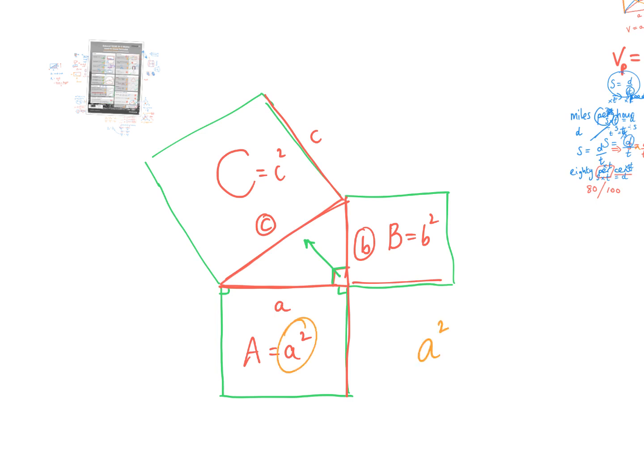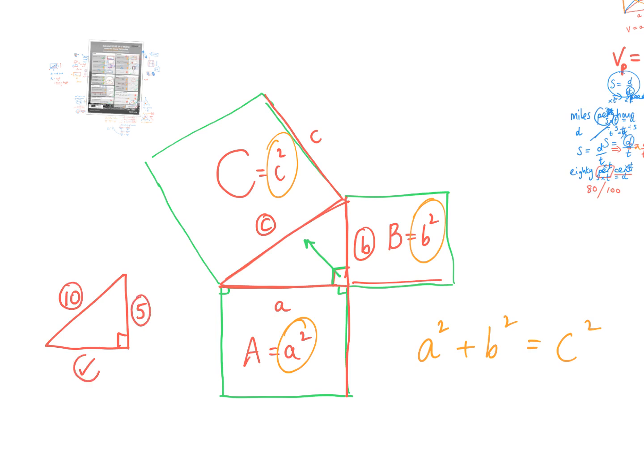Well, it's A squared plus B squared, and that's always going to make C squared. So if you had a problem, and this is where people get stuck, if you had, say, a length here was 10, and this one was 5, and we had to find this one here, some people make the mistake of thinking, oh, I know, it's 10 squared plus 5 squared is this one squared.